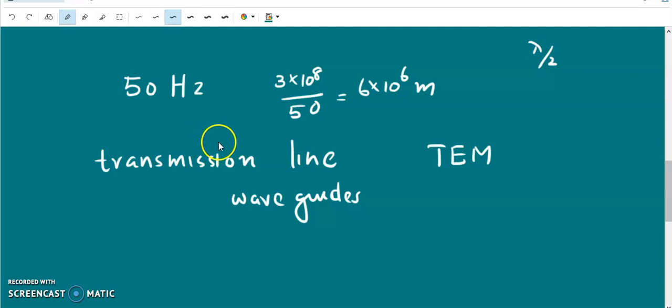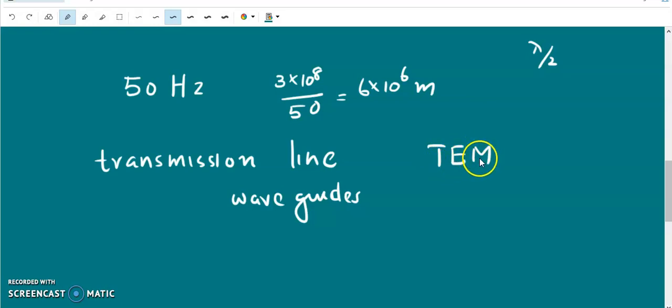For the efficient transmission of power and information signals, the source energy should be directed or guided. This is done by waveguides, and the transmission lines are special types of waveguide that have two conductors in them. These transmission lines allow transverse electromagnetic waves to pass through.